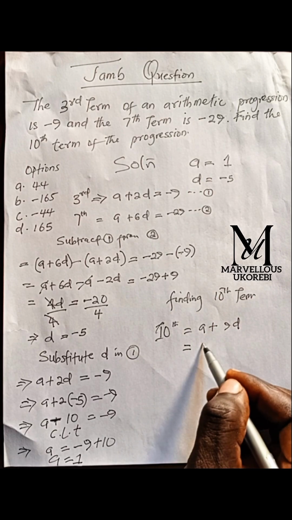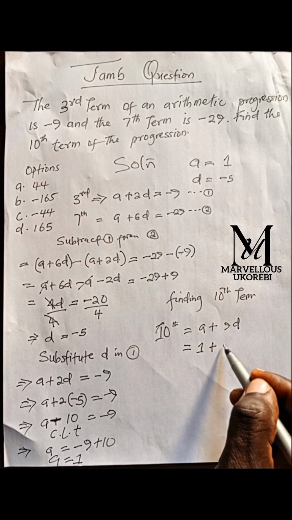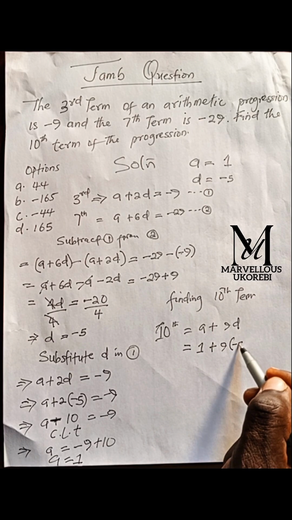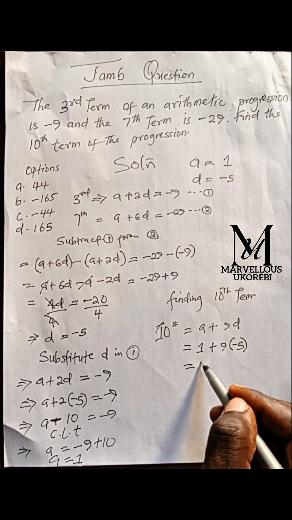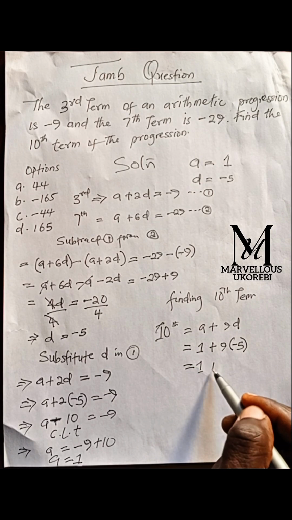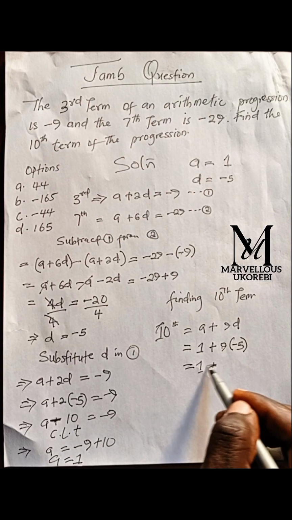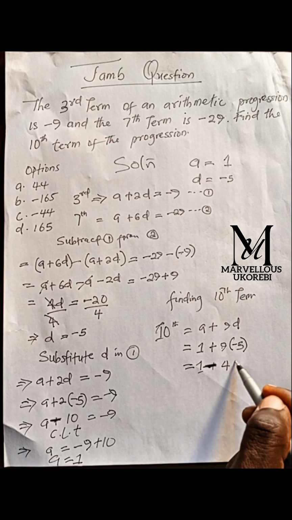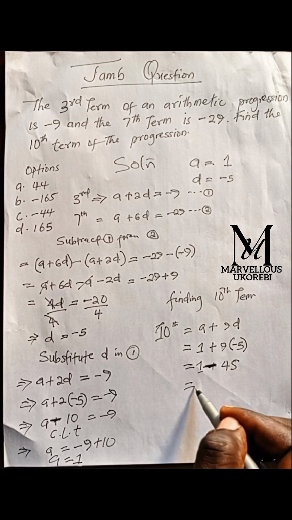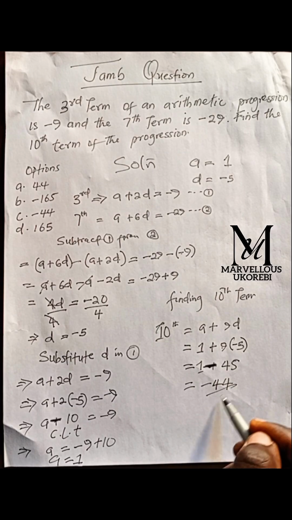And what is a? a is 1, plus 9 times -5, which is d. So this will be equal to 1 + 9 times -5, which is -45. So this will be equal to 1 - 45, and 1 - 45 is the same thing as -44.